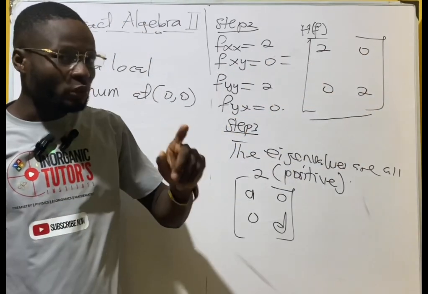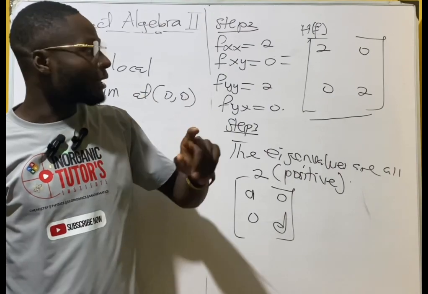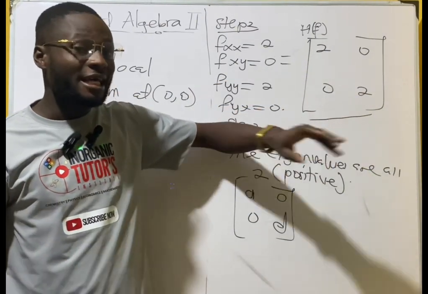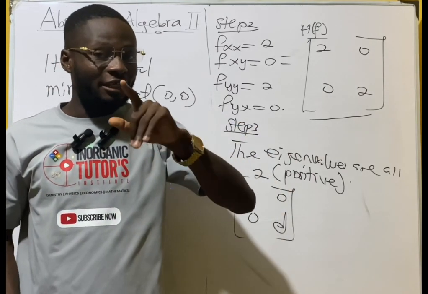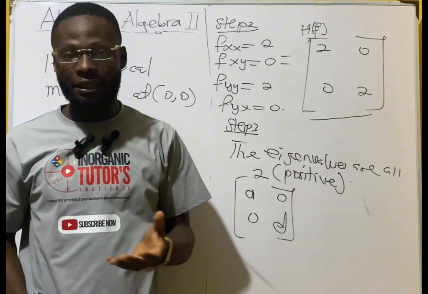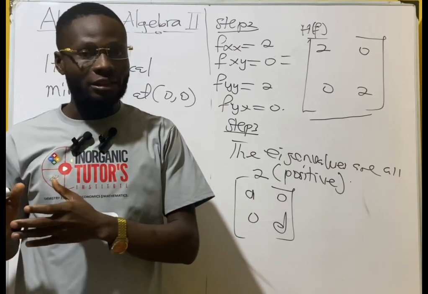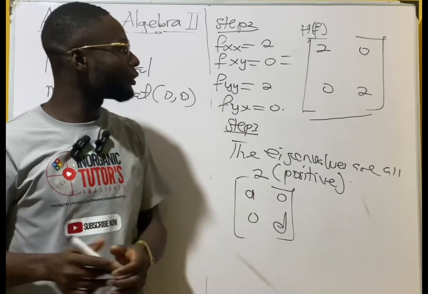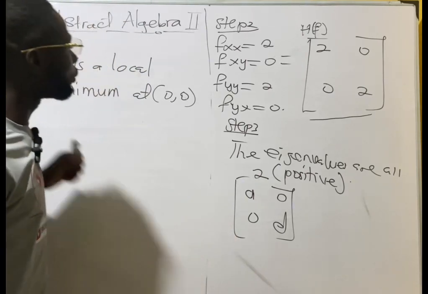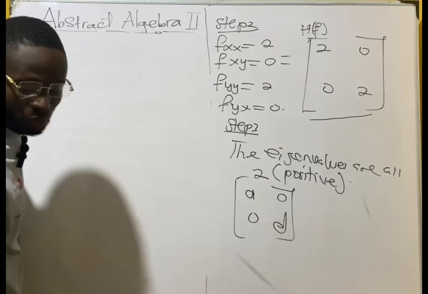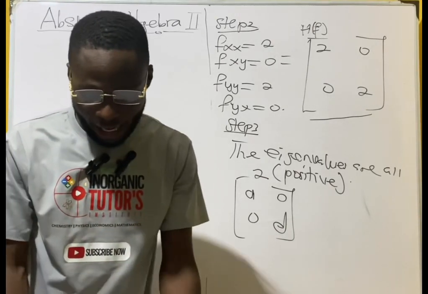So that is what we mean by a diagonal matrix. If you have something of this nature, then you can easily determine where the function is being stretched towards, right? So let's take example 2.